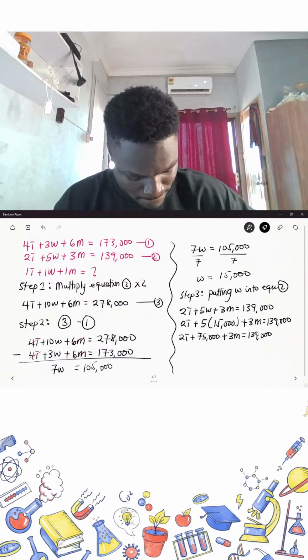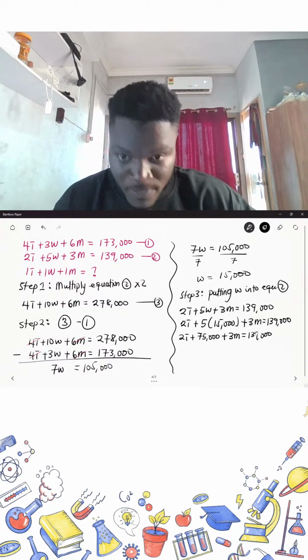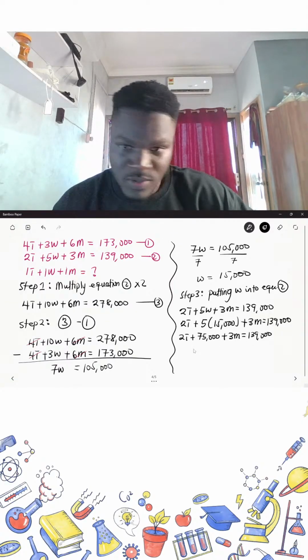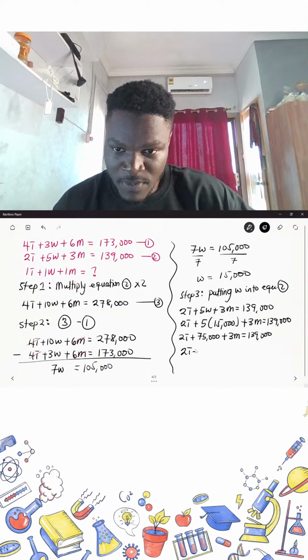Are we okay? All I have here is 2t, 3m, and a number. So I'll send the numbers together. I have 2t plus 3m at this side will be equal to 139,000 over here minus the 75,000 over here.